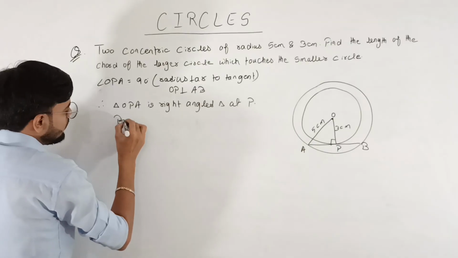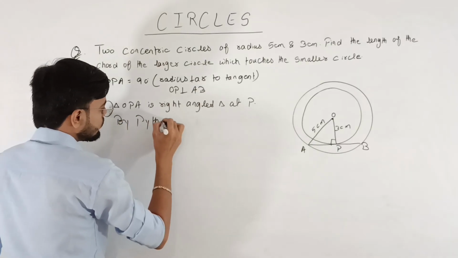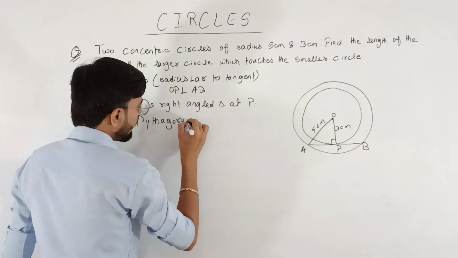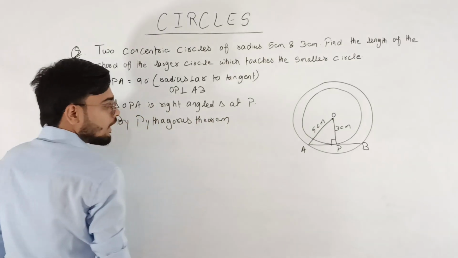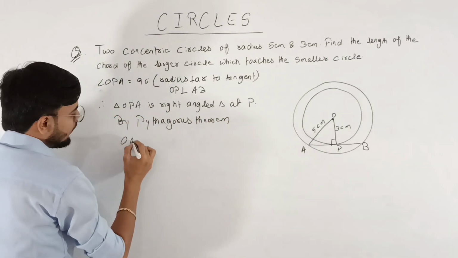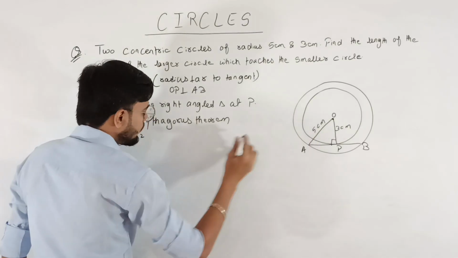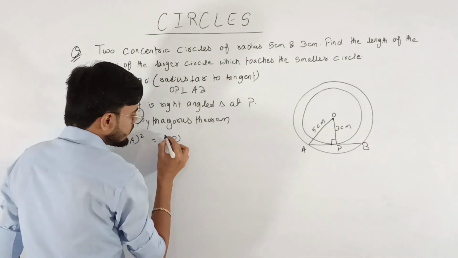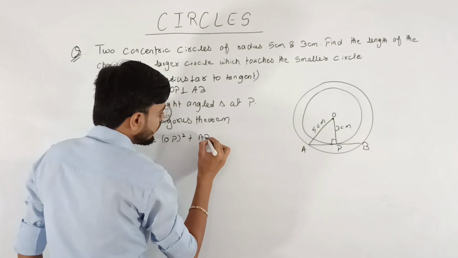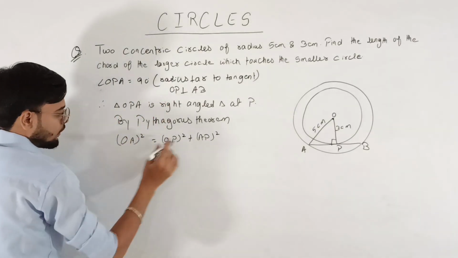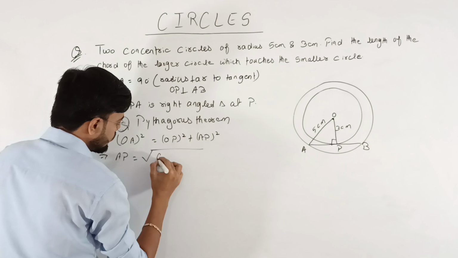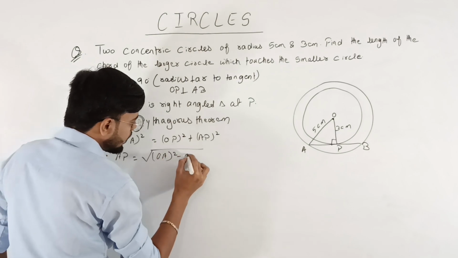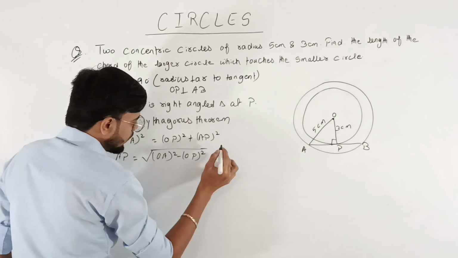So now by Pythagoras theorem, I write OA square, OA is hypotenuse, is equal to OP square plus AP square. So AP is what? So here AP is under root of OA square minus OP square.